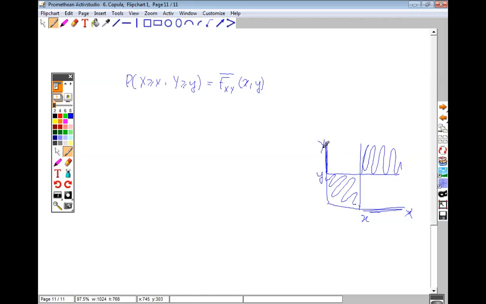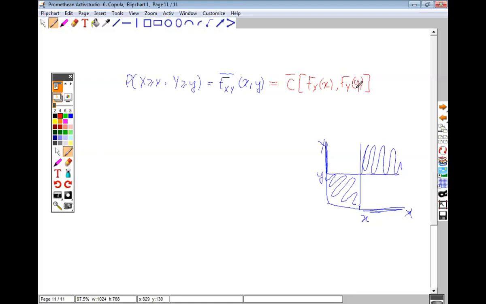So what I can do is rewrite this thing, which is just F complement, as C complement as well. What is C complement? It is just the copula that I'm putting a complement on, but its domain is going to stay intact. What did I even write? It should be y.